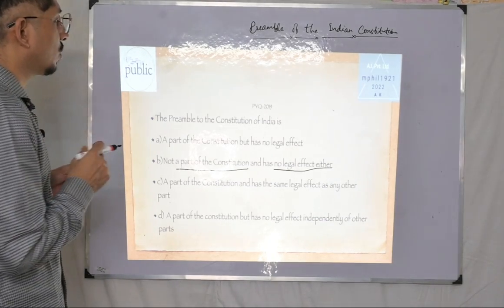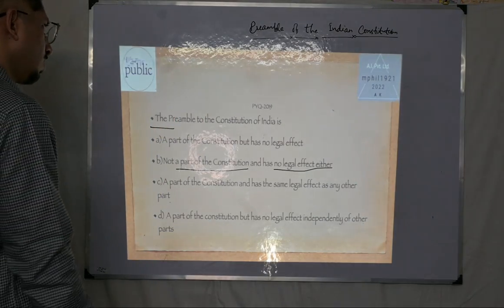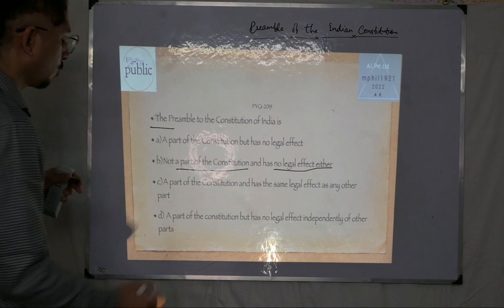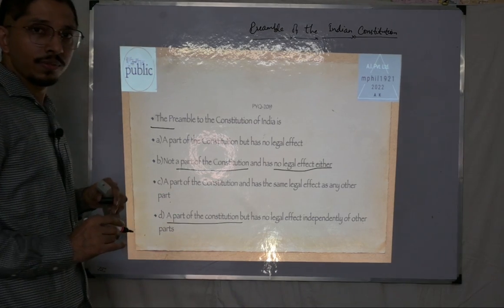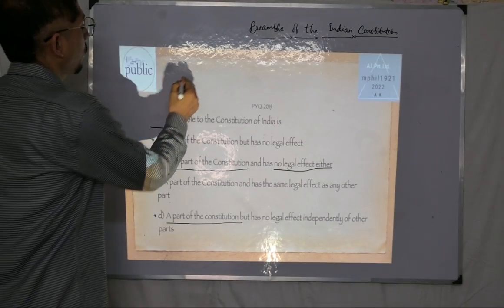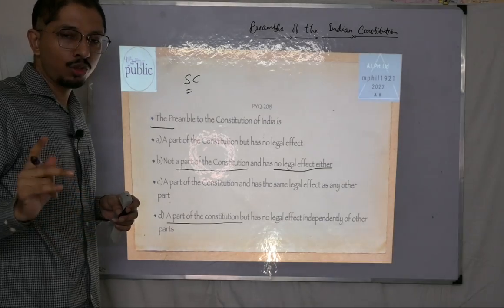The question in 2019 was: the preamble to the Constitution of India is a part of the Constitution. So you need to study it from the Supreme Court judgments. There are three Supreme Court judgments.